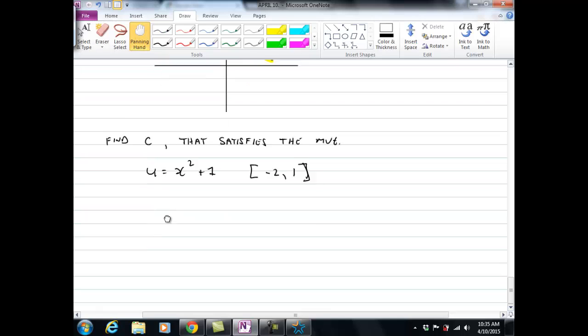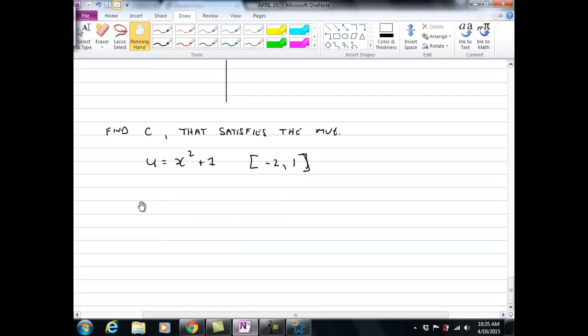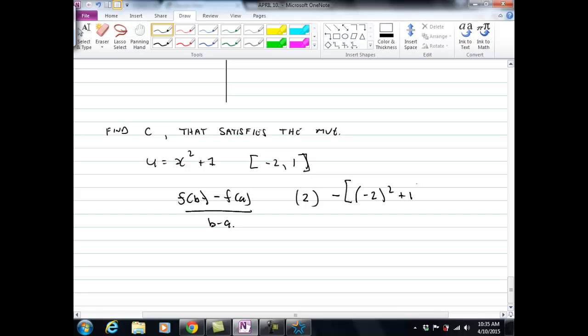In order for you to do this, I need to know what the slope is from -2 to 1. So it would be f of b minus f of a over b minus a, which gives you 2 minus (-2 squared plus 1) all over 3.